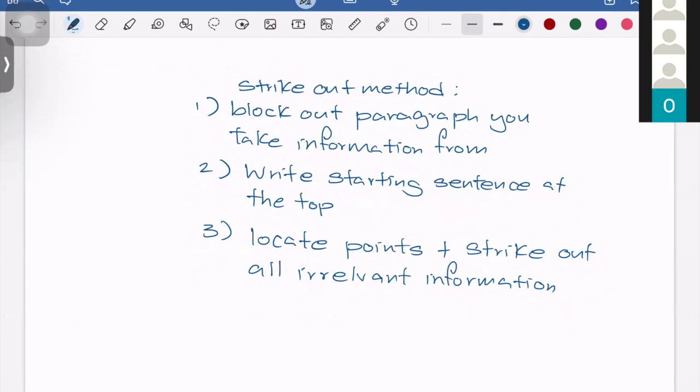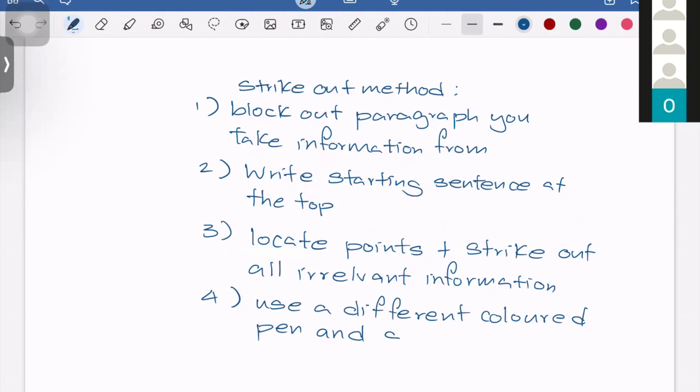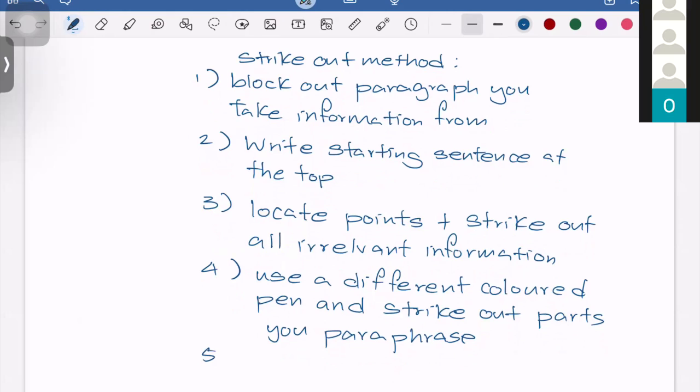I usually tell students to use pencil and another colored pen. Start off with your pencil first. After you have struck out all of the irrelevant information, you're going to use a different colored pen and strike out the parts that you are paraphrasing. After that, you're going to write your paraphrase parts above the sentence.